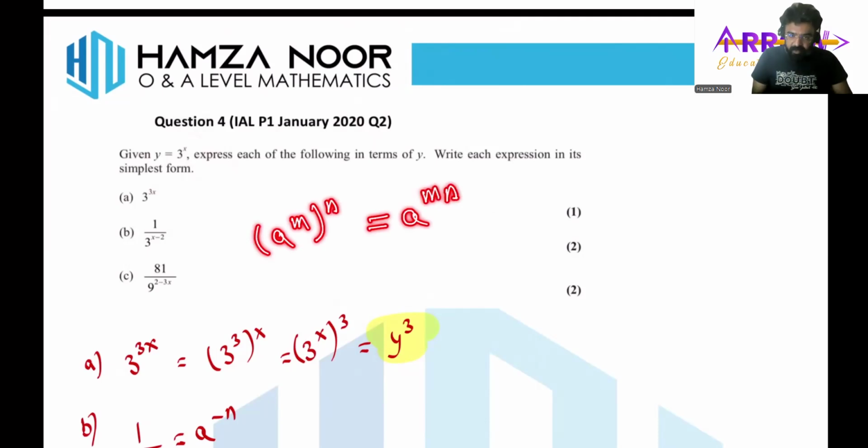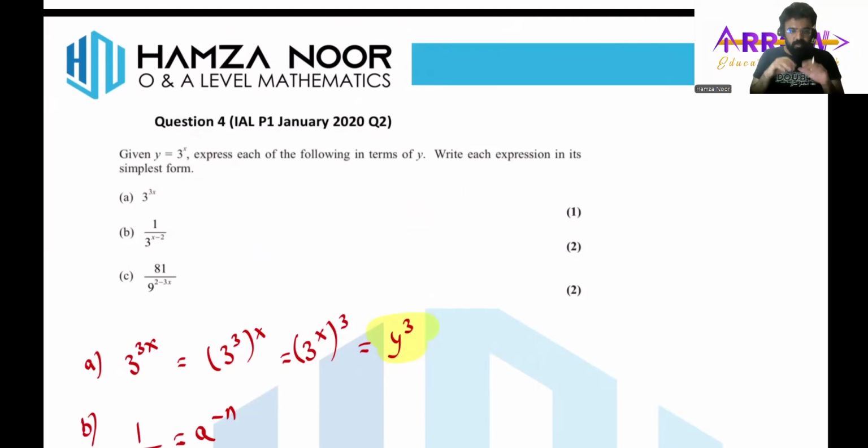The powers will be multiplied together, which would definitely be exactly the same thing as saying a raised to the power of n whole thing raised to the power of m. So we can just switch the places of the powers, because the powers are being multiplied together.